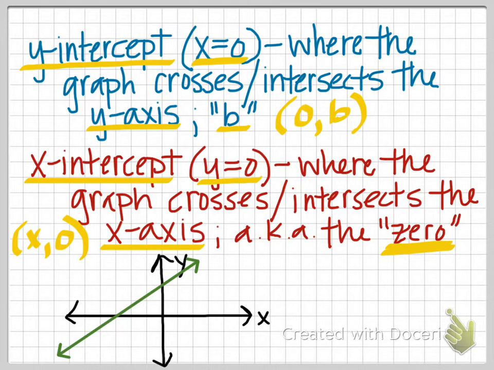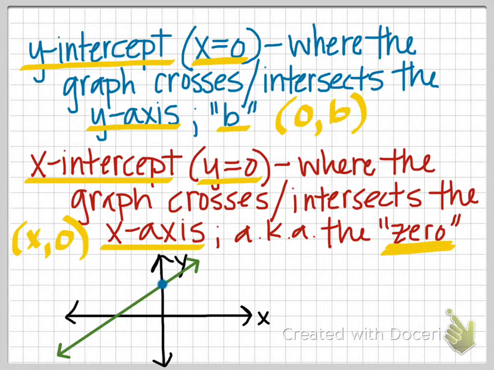So as we're taking these notes and as you're working on this assignment, it might be a good idea to have some graph paper handy, especially if you're not able to print out the notes or the practice. If you don't, just go ahead and sketch this little graph on your paper. The graph goes through the y-axis right here at positive 2. That is known as the y-intercept.